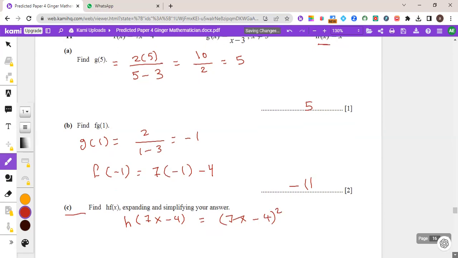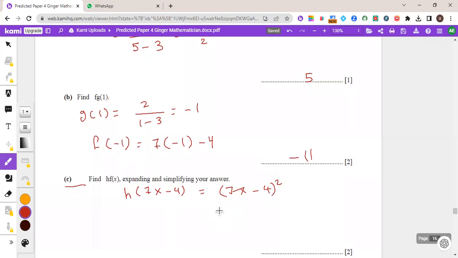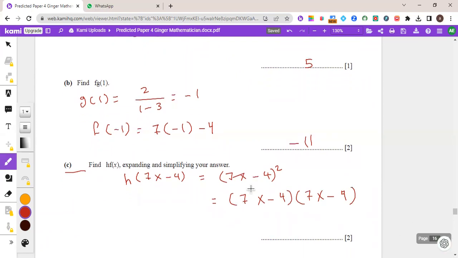It means 7x minus 4 times 7x minus 4. Then you expand. Normally, you will get 49x squared minus 56x plus 16, because you have to multiply then simplify.